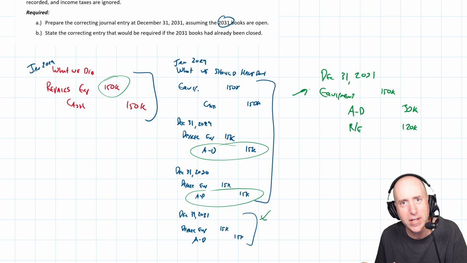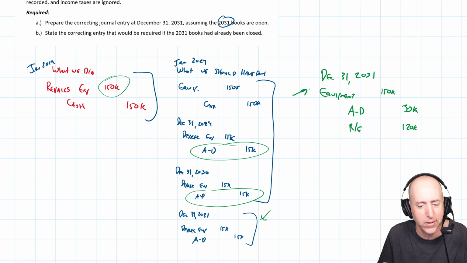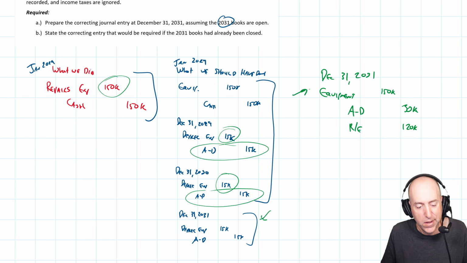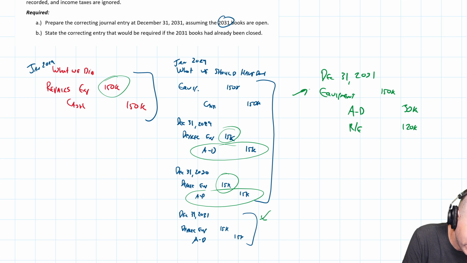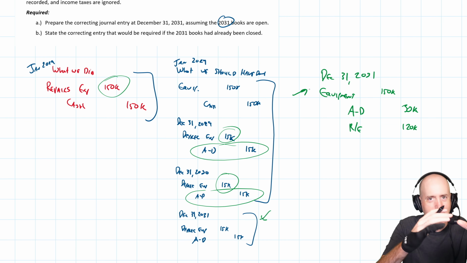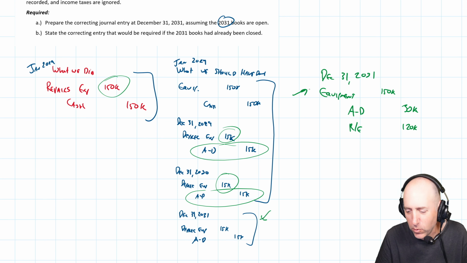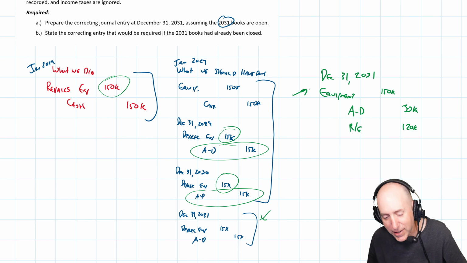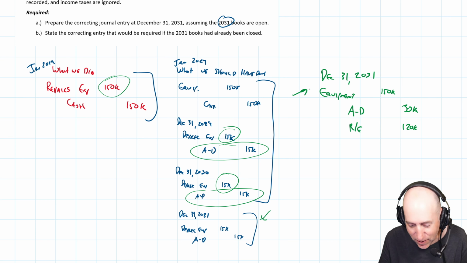That ends up in retained earnings as a debit to retained earnings of $150K. And we look through our other entries and we go, well, this expense would end up in retained earnings, this expense would end up in retained earnings. So $30K ending up in retained earnings is okay. $150K ending up in retained earnings is not. So $150K minus the $30K that's okay means we've got to fix $120K worth of debits to retained earnings by crediting retained earnings. That's the fix.